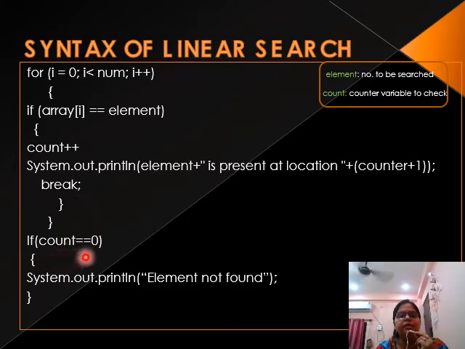If count is equal to 0, it means we have not found the number, so we print element not found. Count++ also shows how many times it was found. Suppose 7 is present 2 times in the array, then it will show that you have found that element 2 times.